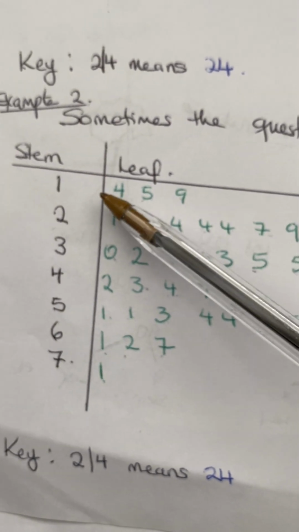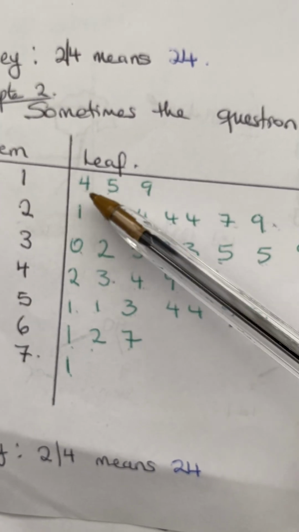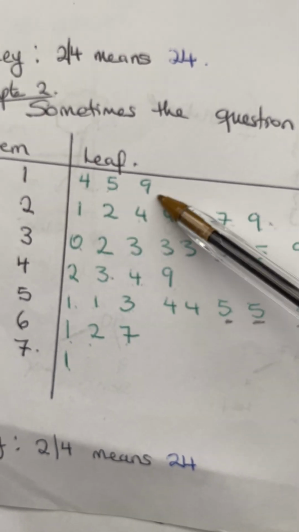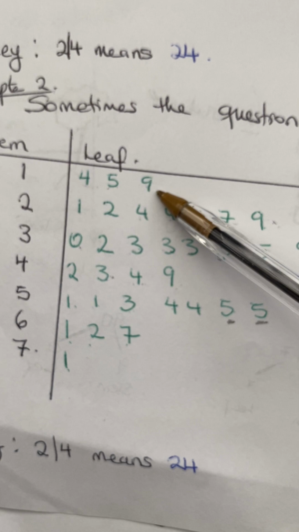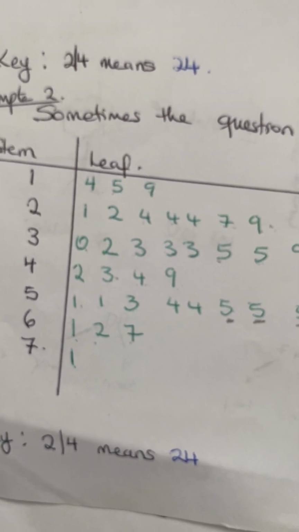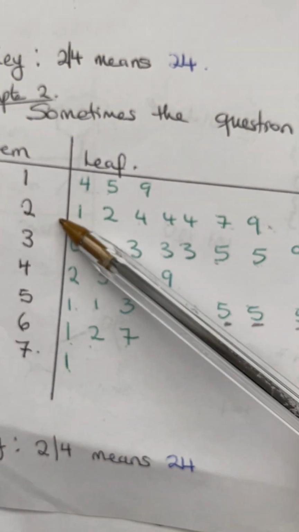So on my calculator, I did 14, add 15, add 19. Then you can write the answer down. Okay, 21, add 22, add 24, add 24, add 24, add 79, add 27, add 29.